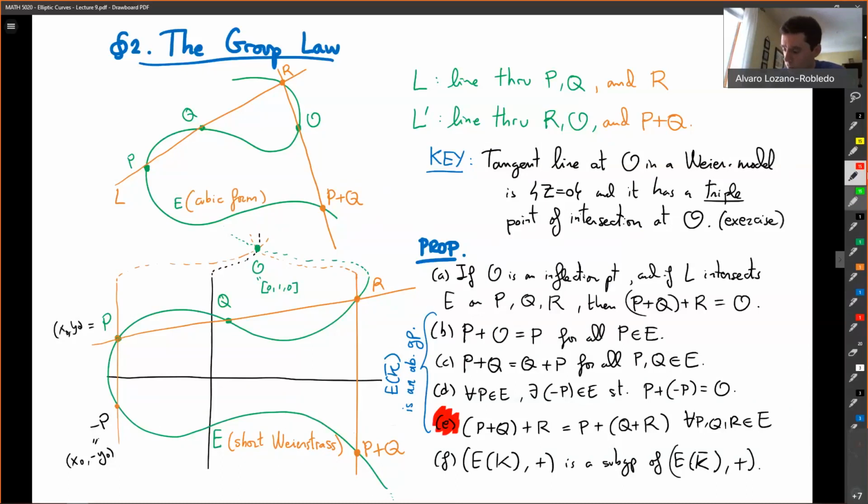One other thing we might want to talk about just for a minute is this, that if your elliptic curve is defined over K, then the points over K actually form a subgroup of the points over K bar. So let me just say why that is true.